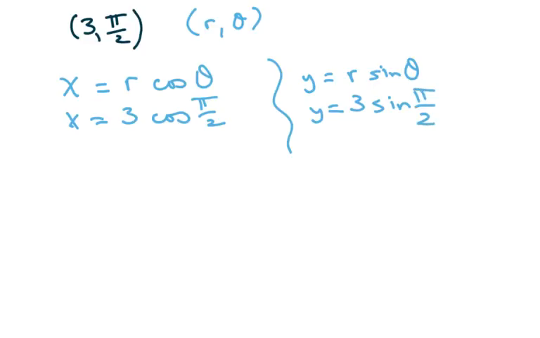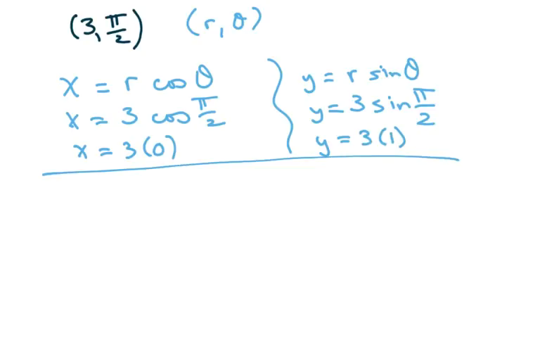We know that cosine of pi over 2 is 0 and sine of pi over 2 is 1. So my x is 0 and my y is 3.